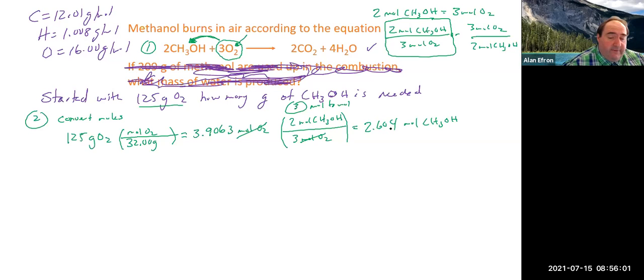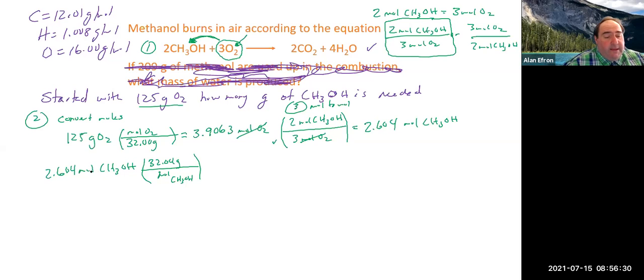So we have to do that fourth step, which means we need the molar mass of methanol, which we also calculated in the previous problem. So we'll just use that number. The molar mass comes just from the formula, the CH3OH, regardless of the coefficient, because we already took that into account.